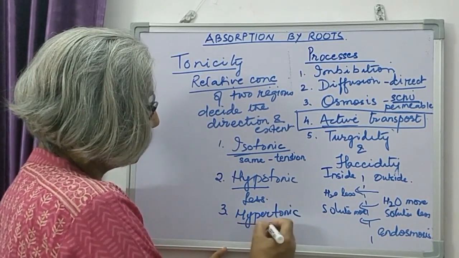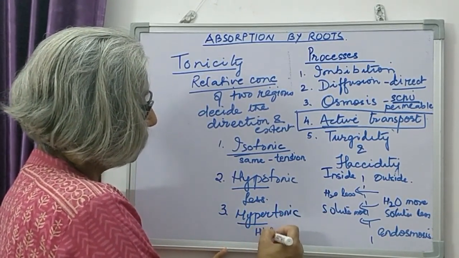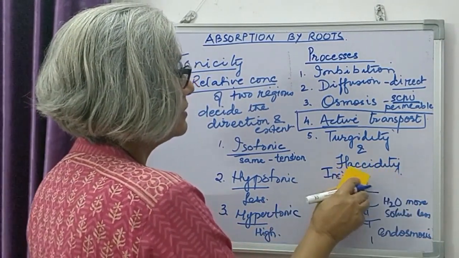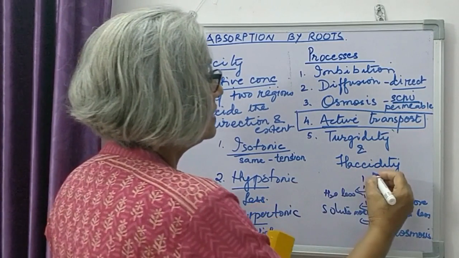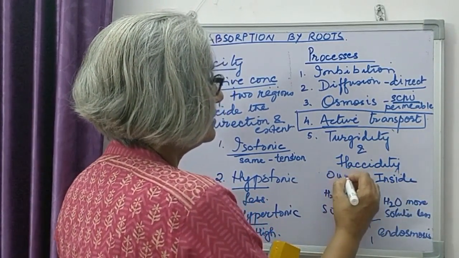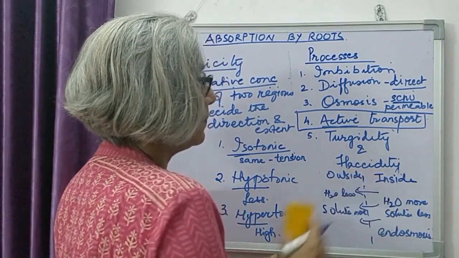The third term that we use is hypertonic. The word hyper means high or more. Now, same thing, but this is reversed. Suppose this is the inside of the cell, and this is the outside of the cell.